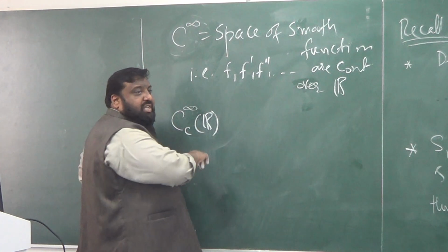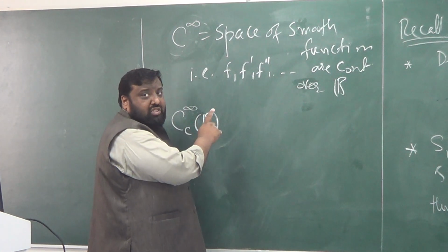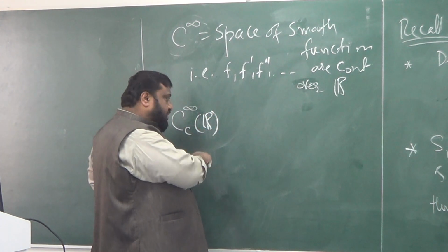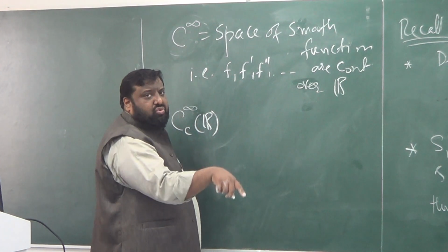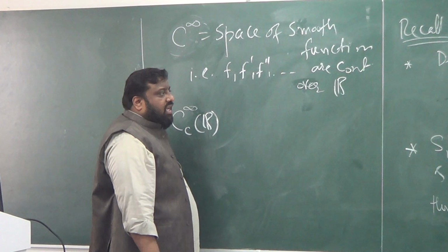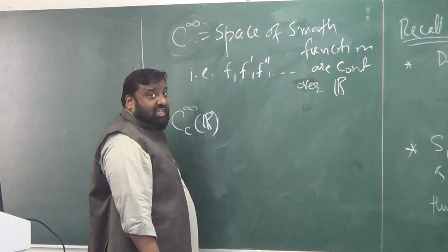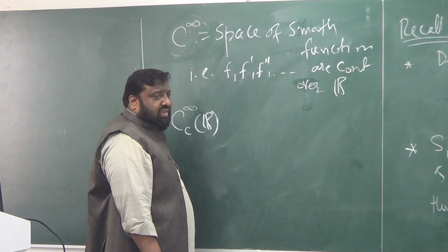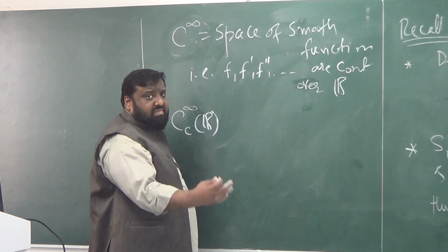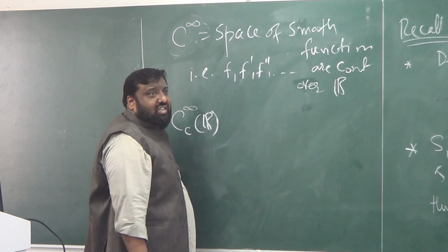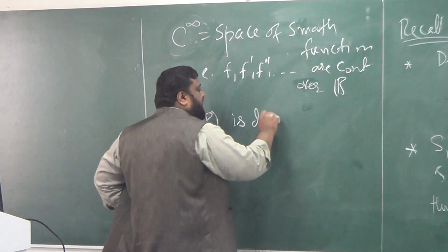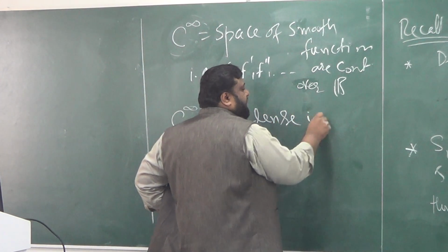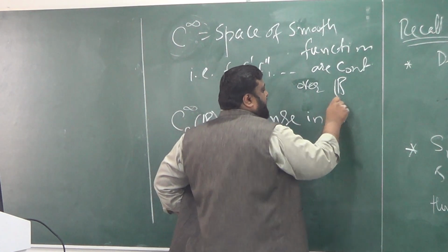It's the space of all smooth functions with compact support. Okay? So it has been shown in the next section, which I'm leaving for you to read. I'm not making it mandatory, but I highly encourage you to read. That this is dense in L^p of R.